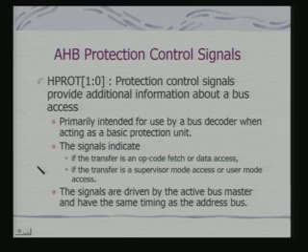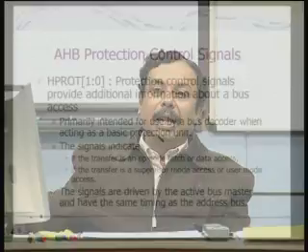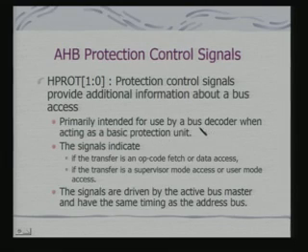A simple example is, if a transaction is taking place in user mode, it will not be permitted to access a register of another processor or another memory area which is granted simply supervisory access rights. Okay. So, that protection can be ensured in hardware through the bus decoder, and that is why the protection signals form part of your bus signal specification. Okay.